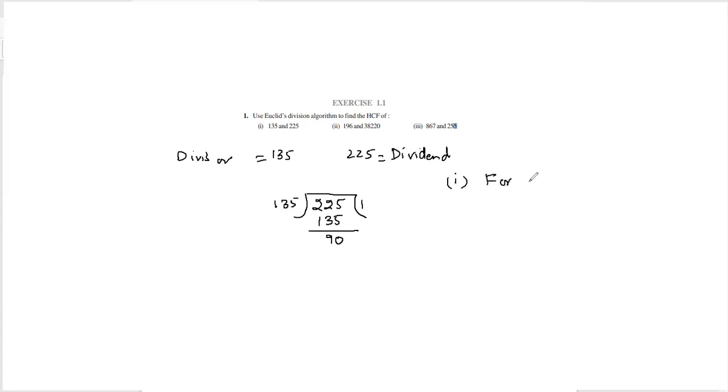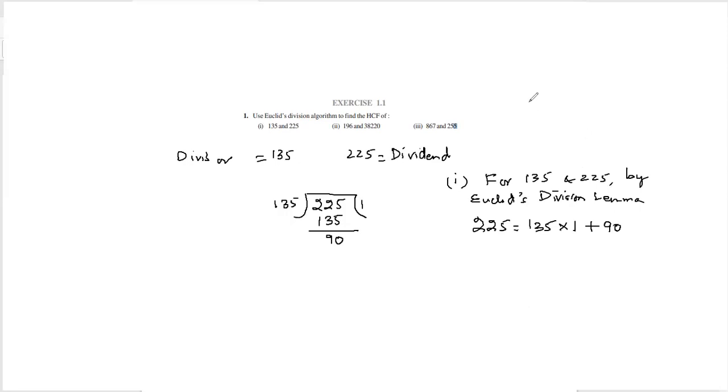So for 135 and 225, by Euclid's division lemma, as I told you, we can write 225 is equal to dividend is equal to divisor 135 into quotient plus remainder.